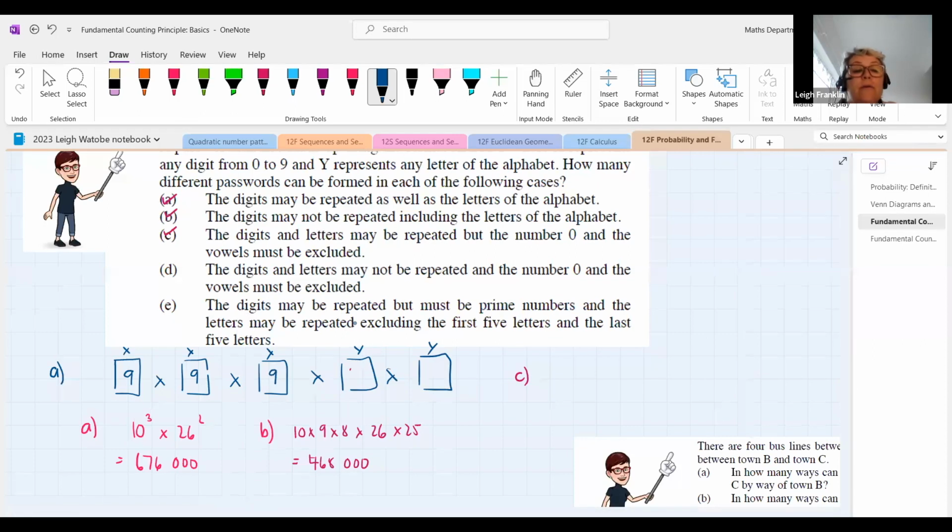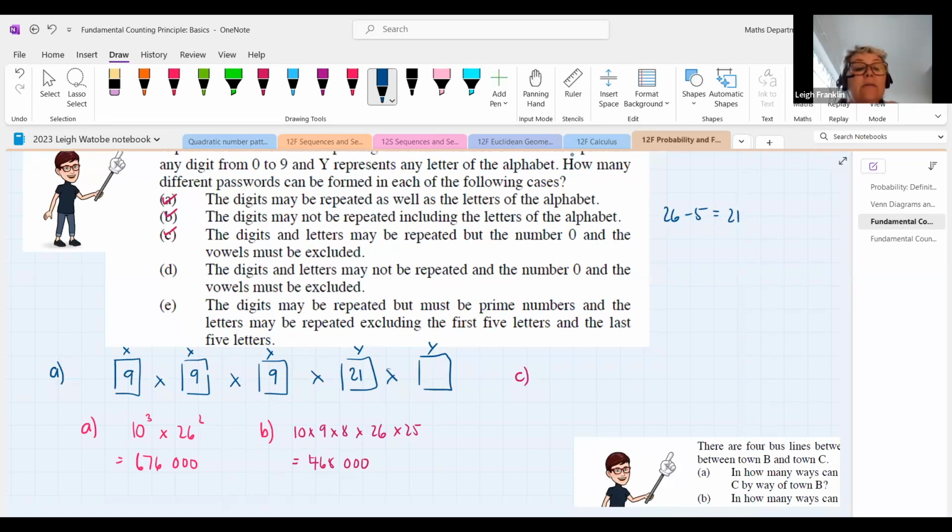Also 9. Okay. Now we're excluding the vowels. So how many vowels are there? That's it, Yolanda. Good. There are 5 vowels, 26 letters, so that means there are 21 ways in which we can fill the next block.